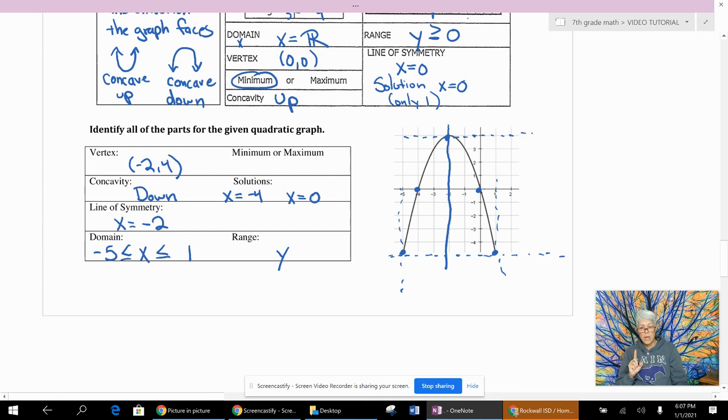Now, be careful because the lowest point, or the smallest number, it's going to lead with that. So I'm not going to lead with the 4. I'm going to lead with what looks like the -5. And the 4 is going to be on this side. And because they're dots, it's going to include it. Well, I almost made that mistake, and I'm sure I would have had many, many students correcting me. But that's okay. I like it when y'all correct me. It means you're staying on your toes.